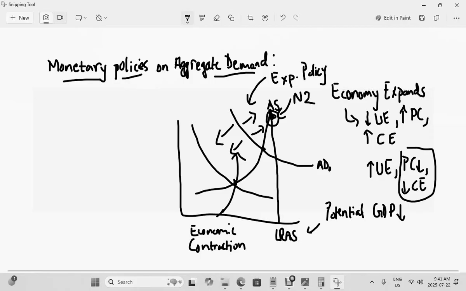Which means the Fed may bump the interest rates up if the aggregate demand curve is too high. Let's say it goes over the potential GDP, at which point you have inflation. This is inflation. And if the aggregate demand is too low, say for example, right over here at this equilibrium point, and assume this is your aggregate demand, if it's below your potential GDP, you will have a recession.